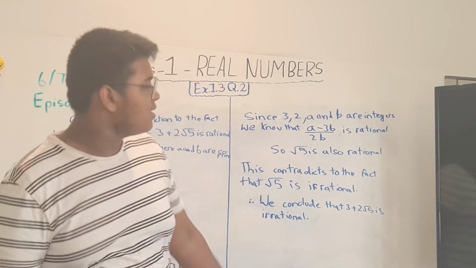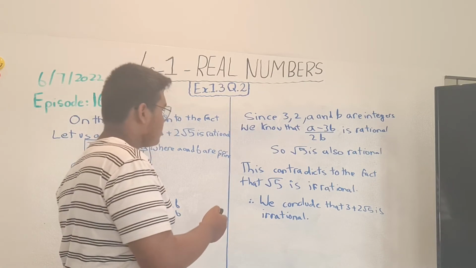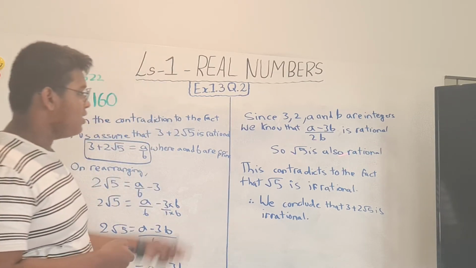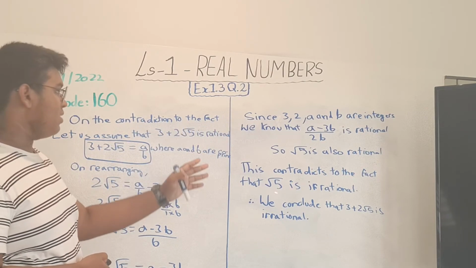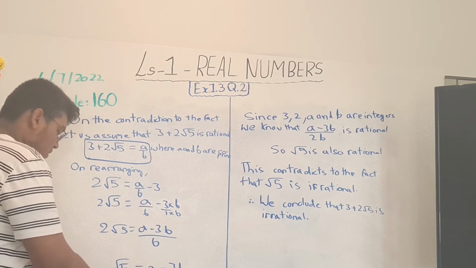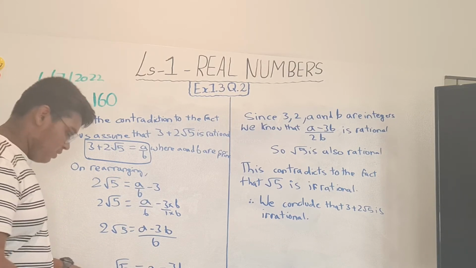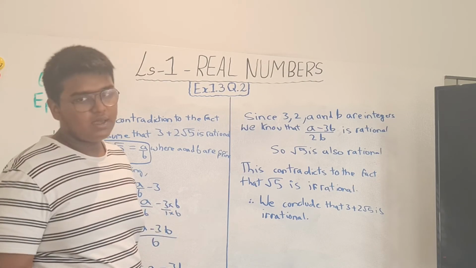So a minus 3b by 2b is rational. Then root 5 will also be rational. Why? Because a minus 3b by 2b is equal to root 5, and equal means root 5 will also be rational.